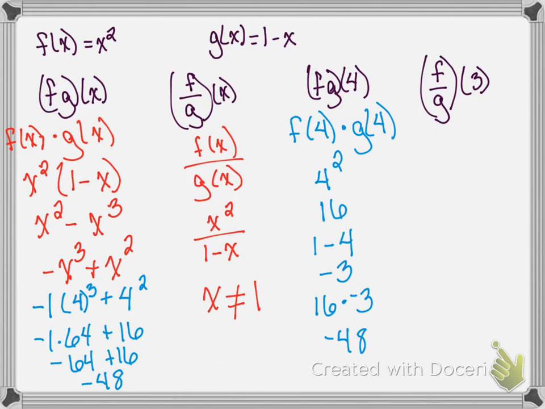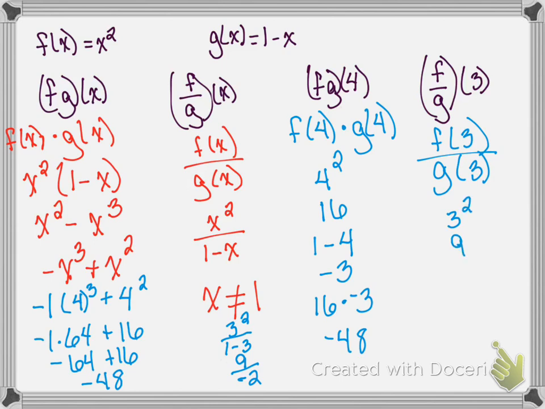Now I'm looking at f over g of 3. So I can go back to f over g of x, and I can plug 3 into my numerator. So I have 3 squared, and then I have 1 minus 3. 3 squared is positive 9. 1 minus 3 is negative 2. So my answer to that is going to be 9 over negative 2. I can do f of 3 divided by g of 3. So f of 3 is going to be 3 squared, which is 9.